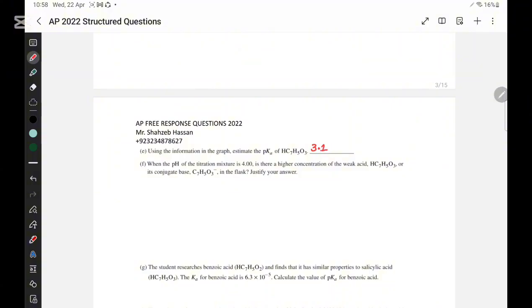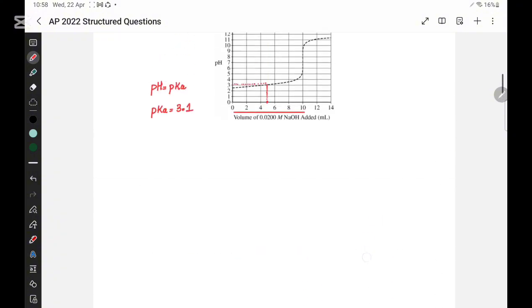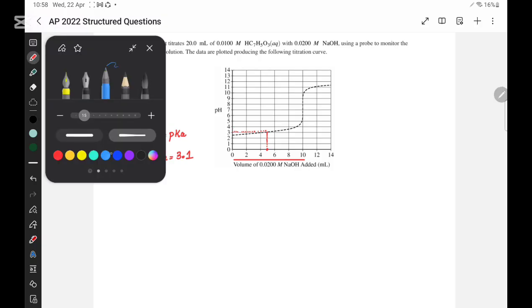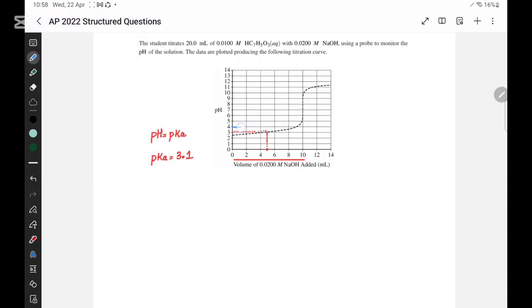When the pH of the titration mixture is 4, is there a higher concentration of the weak acid or its conjugate base in the flask? So you can see one thing, they are saying when the pH is 4. The pH is 4 at which point? pH is 4 at this point. You can see.